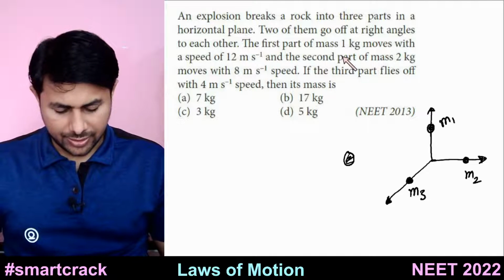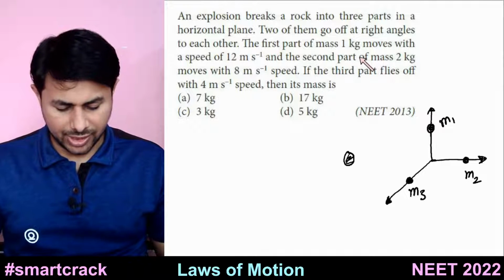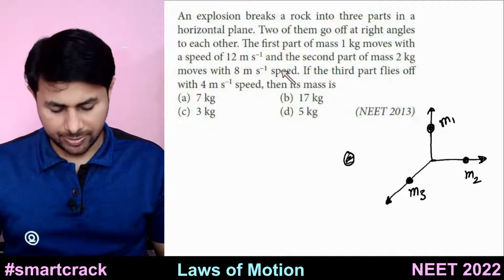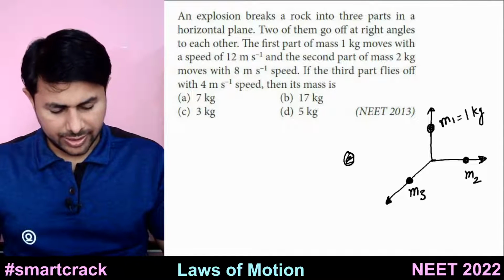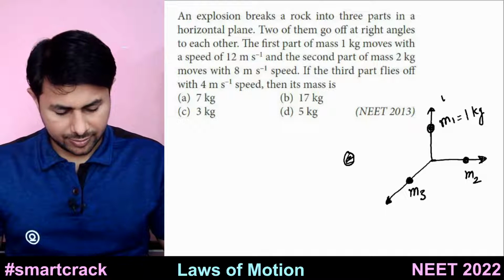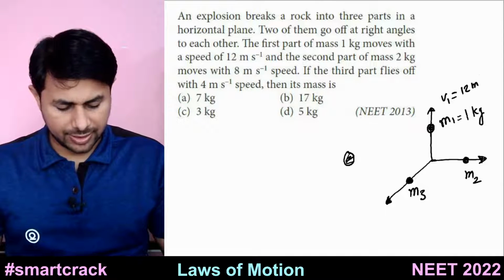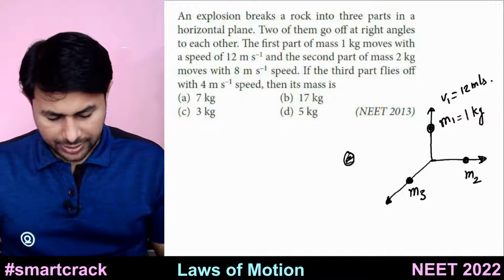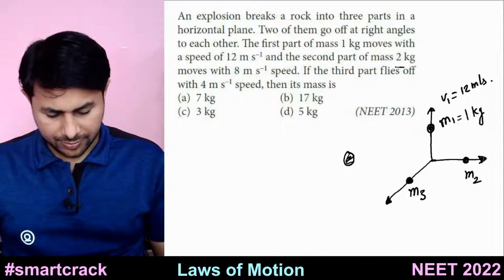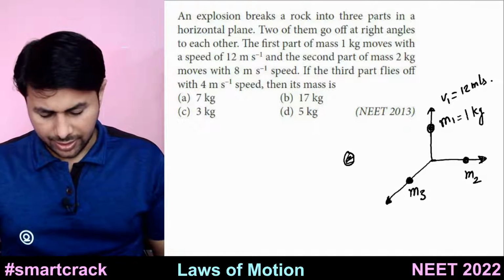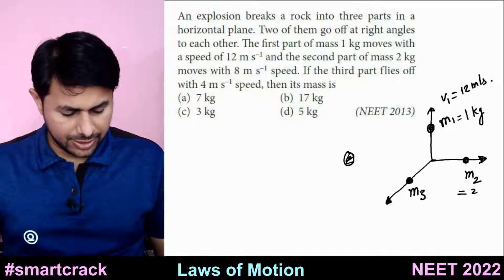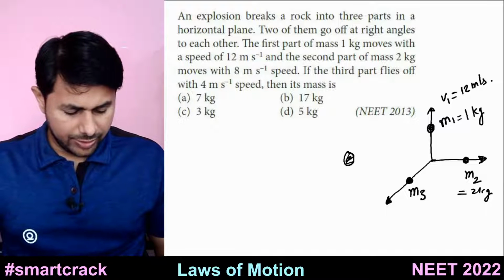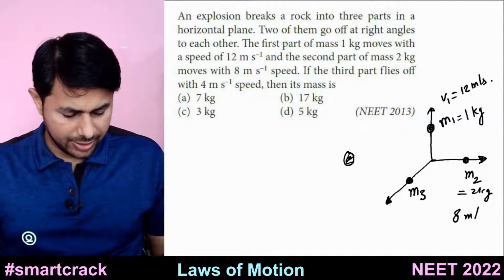The first part of mass 1 kg moves with the speed of 12 meters per second. So m1 is 1 kg and v1 is 12 meters per second. Second part of 2 kg moves with 8 meters per second. So its mass m2 is 2 kg and this is v2, 8 meters per second.